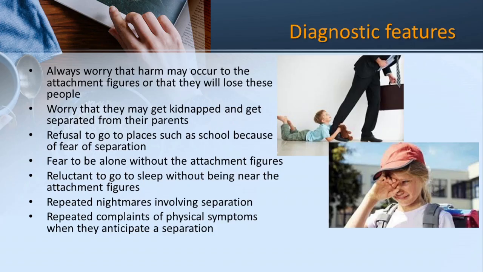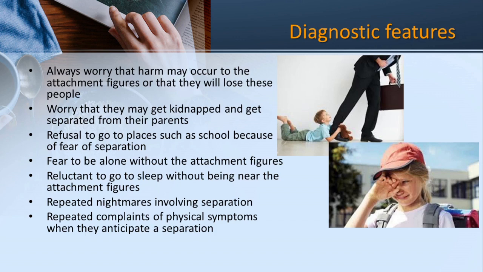Children with separation anxiety disorder often worry that some harm will come to their loved ones or to their parents and that they will lose their parents. Then these children often worry that they might be kidnapped and get separated from the parents.